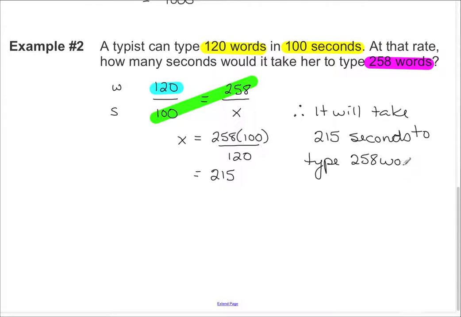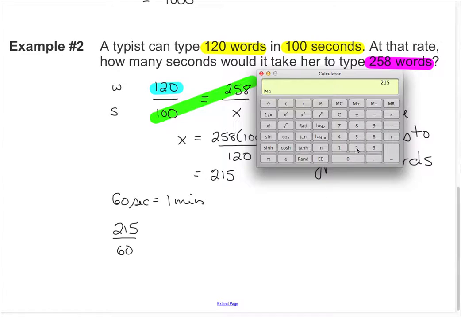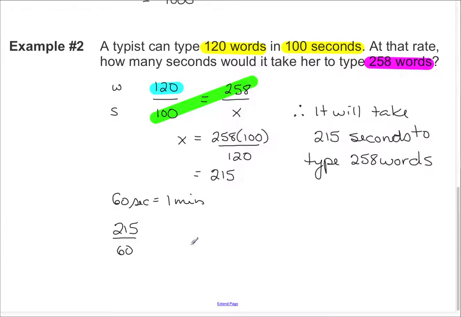258 words. Now, I didn't ask you to do this, but we're going to change one little thing in here. What if I asked you how many minutes this was? How do you change seconds into minutes? Well, if I change seconds into minutes, I need to remember that there are 60 seconds in 1 minute. So I'm going to take this 215 seconds and divide it by 60. So that gives me 215 divided by 60 is 3 and something.